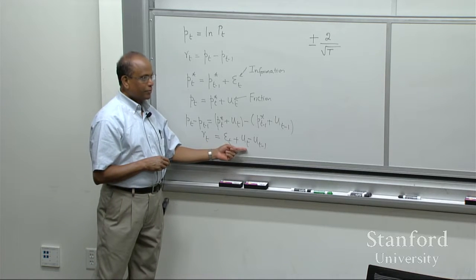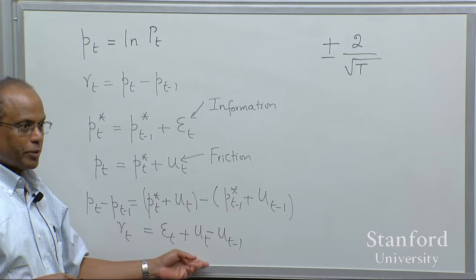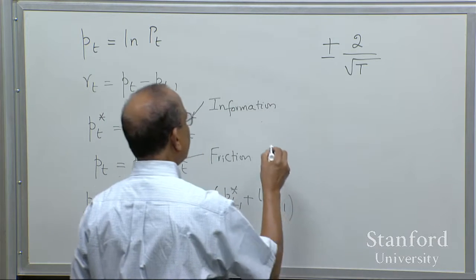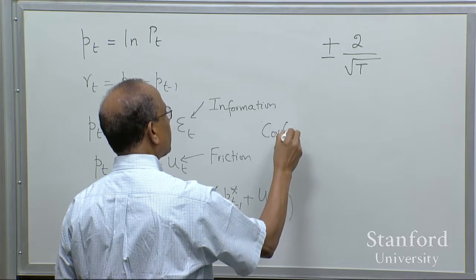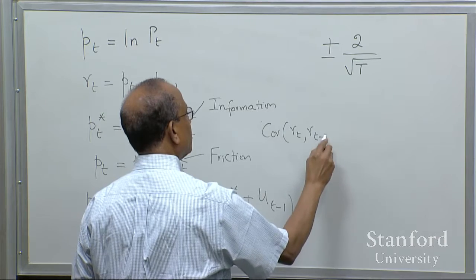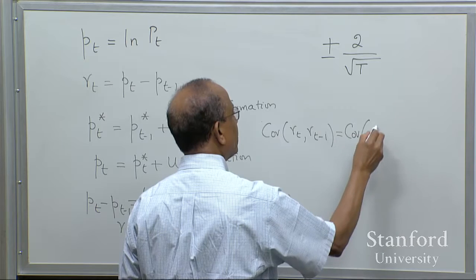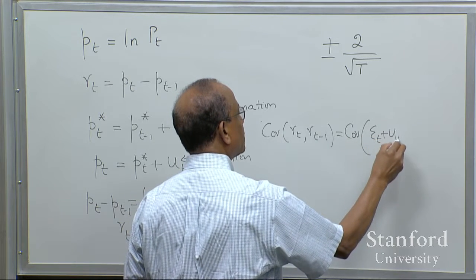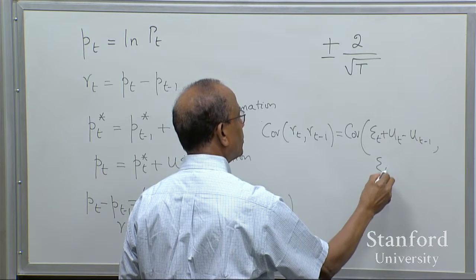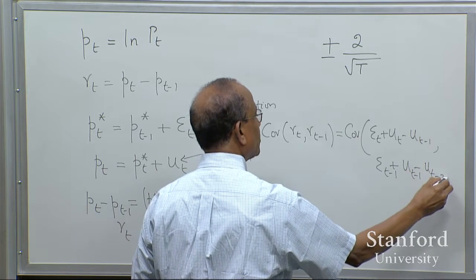Because of the market friction, some of the last period's information is carried over to this period. So the covariance between RT and RT minus 1 is given as the covariance between epsilon t plus ut minus ut minus 1, and for RT minus 1, you can show this is epsilon t minus 1 plus ut minus 1 minus ut minus 2.